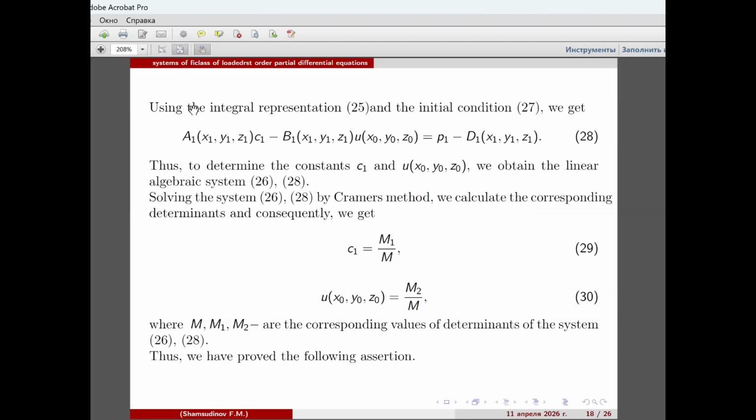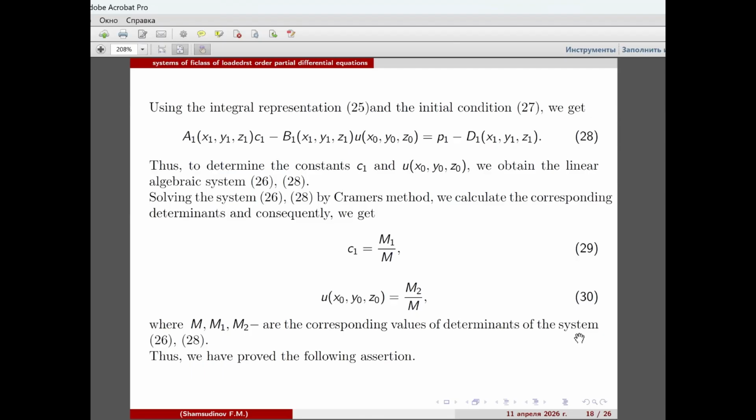Using the integral representation 25 and the initial condition 27, we get this 28. Thus, to determine the constant c_1 and u(x0,y0,z0), we obtain the linear algebraic system 26, 28.